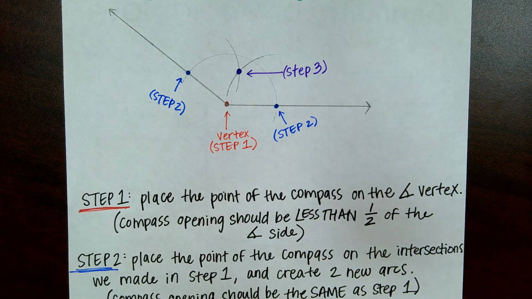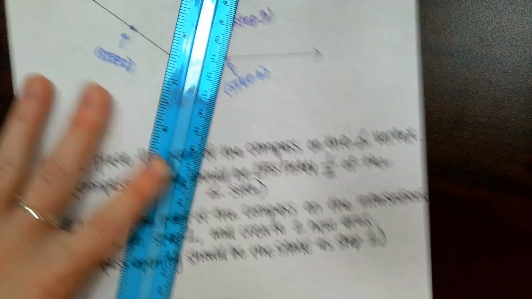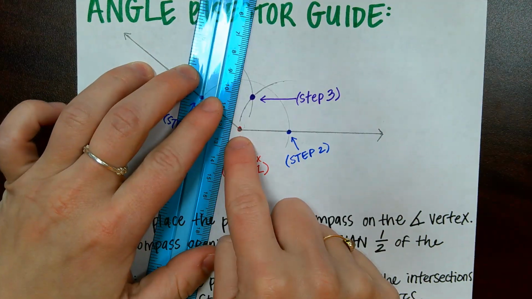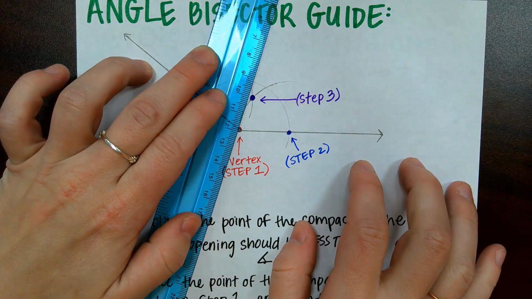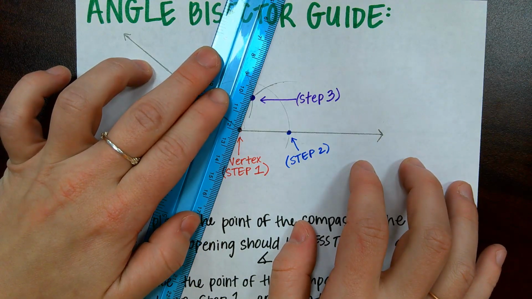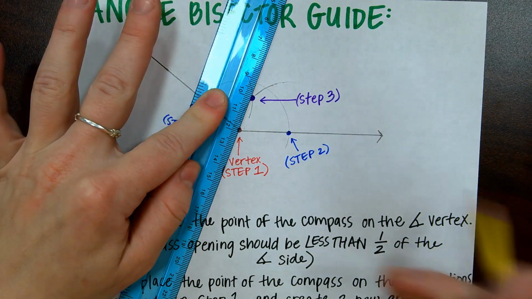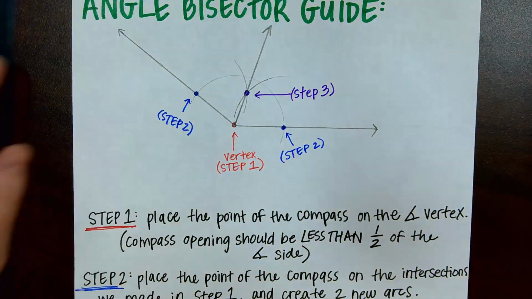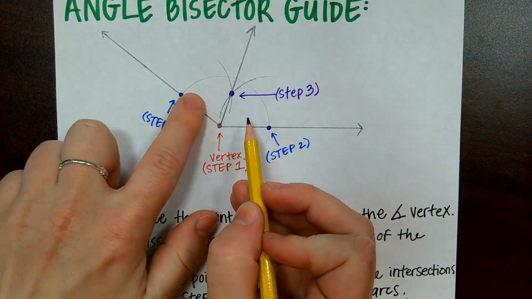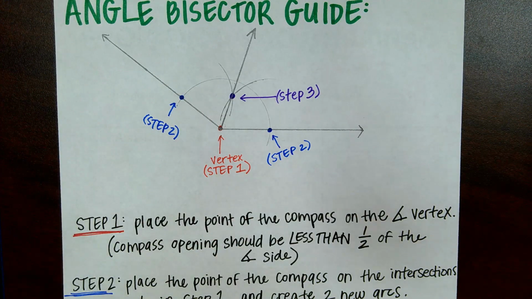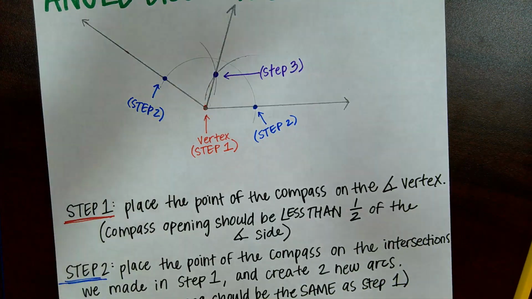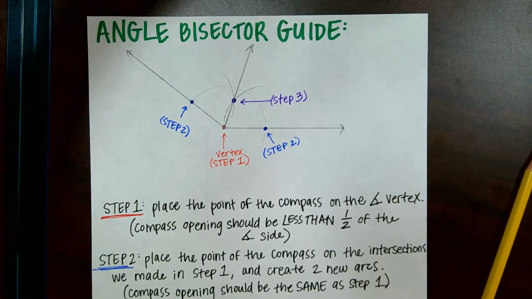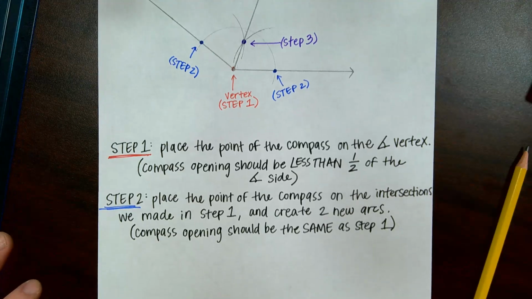Okay, so step 3 here. All we do is take a straight edge, connect your vertex to that last intersection we made. Like this. And now we have two equal angles on either side. So if you're wanting to keep it as kind of labeled, I'm going to write out step 3.